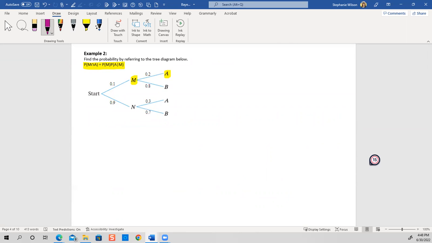So what do I know? I know the probability of M, it's given to me. It's 0.1. The probability of A happening in M, well, that's given to me too. It's right here, 0.2. So now we want to multiply those two together. Isn't that what it says here?